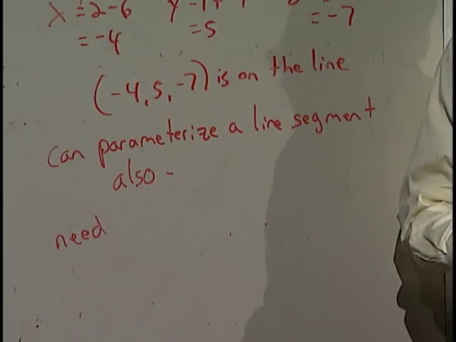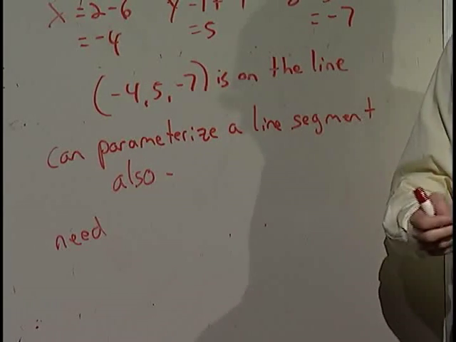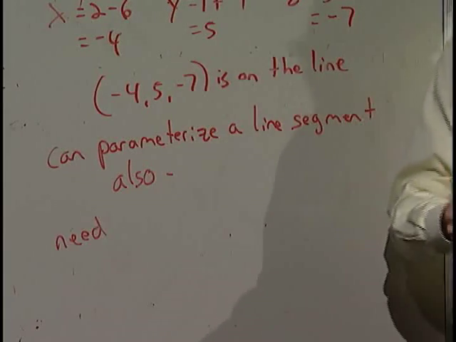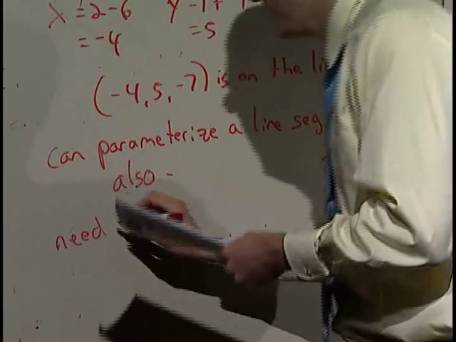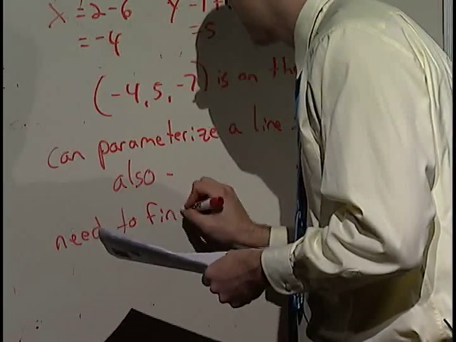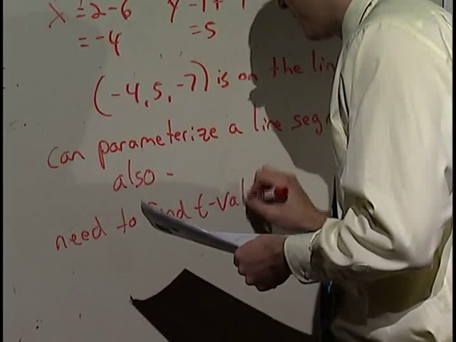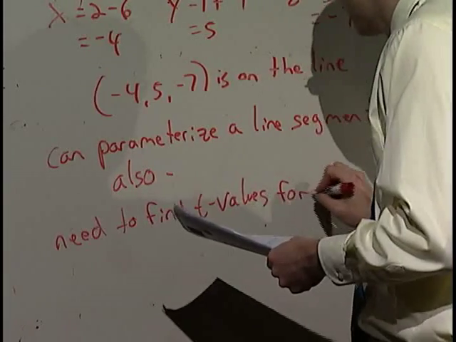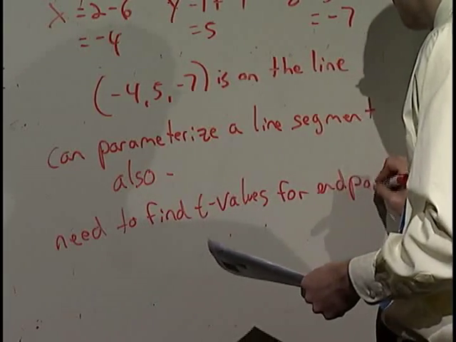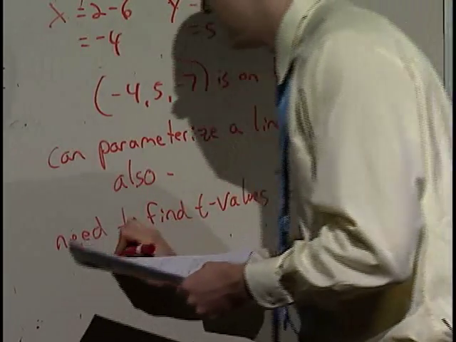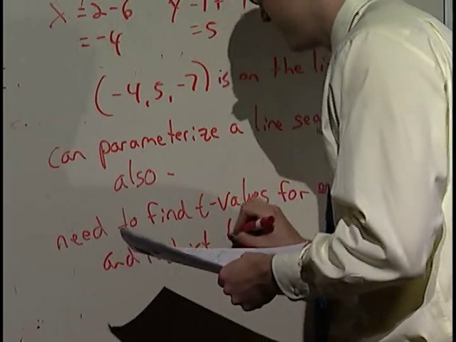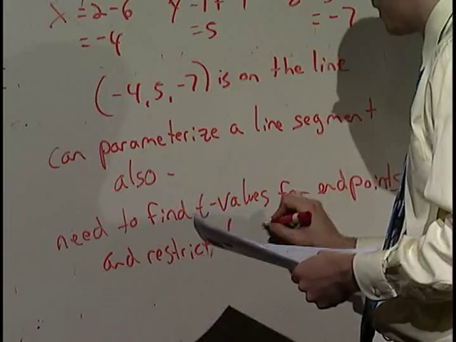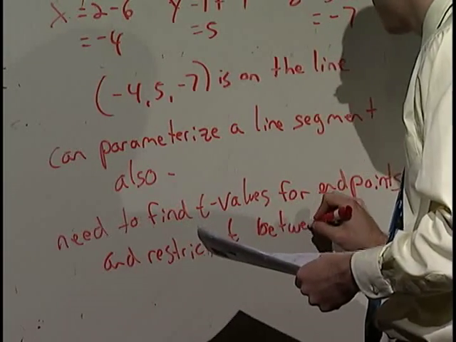It has a finite starting and ending point. We need to figure out the t values that correspond to those points. Okay? So we need to find t values for the endpoints and restrict t between these values.